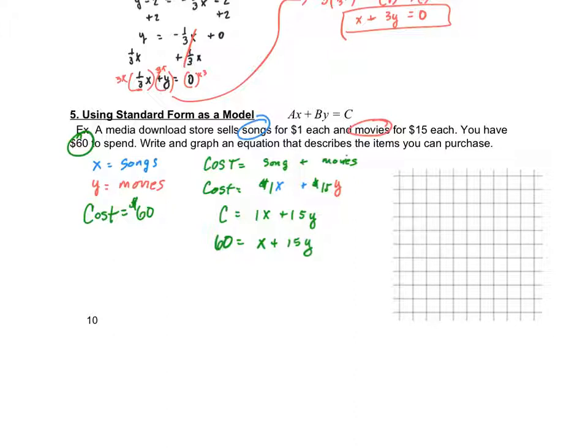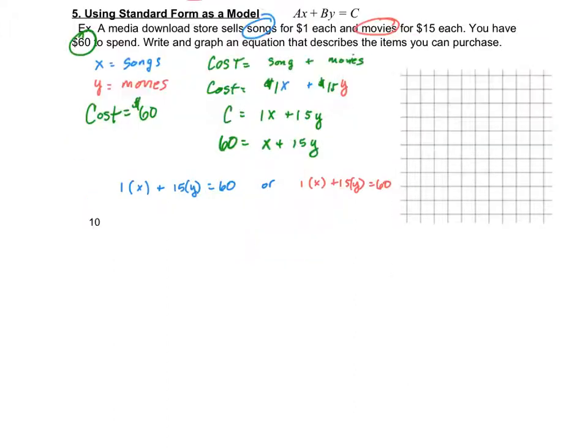And if I wanted to find my coordinate points, if I want to graph the intercepts, well, if I purchased 0 songs, how many movies could I buy? And if I purchased 0 movies, how many songs could I buy? So I'll do some inputting here to do some calculations. When I purchase 0 movies, I'm going to figure out how many songs I can purchase. That means my x is equal to 60, so that would be 60 songs.